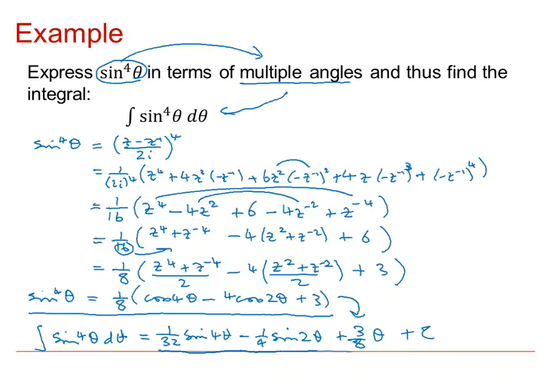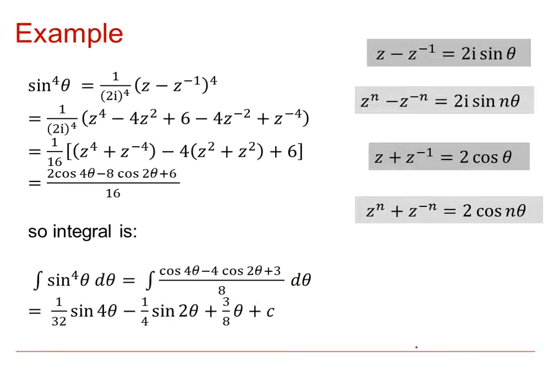So the integral was much easier to do, having rewritten sine theta to the power 4 in terms of multiple angles. We would use a similar process if it was cos theta to the power 4. So the things to remember here are your definition of 2i sine theta and the general definition of 2i sine n theta, and likewise for 2 cos theta and 2 cos n theta.